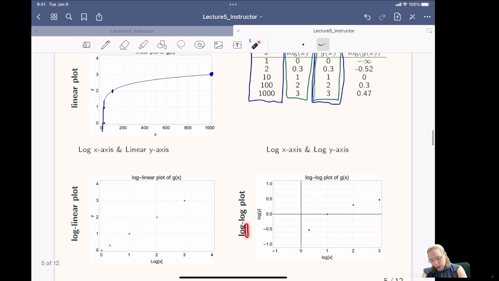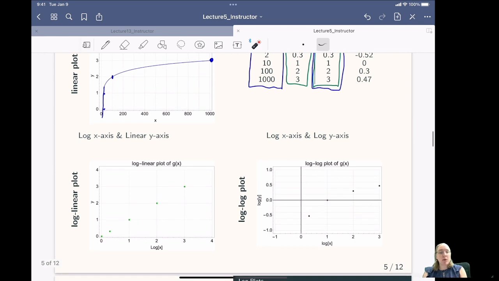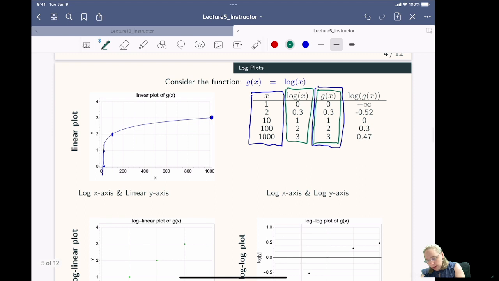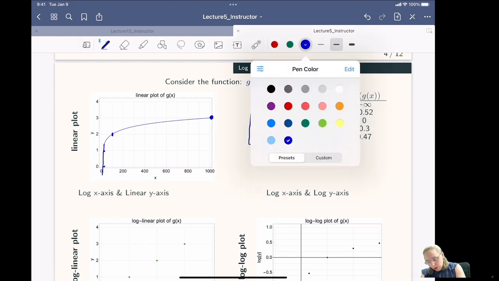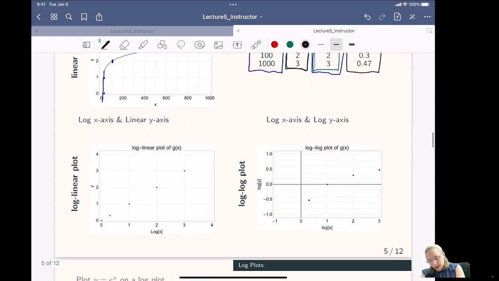Now, similarly, we can plot both the x and the y-axis on a log scale, and we're going to get back the same kind of shape that we had before, but we're going to be able to see points that we couldn't have seen before. So here, for this last one, we're plotting a log x-axis against a log y-axis. So we're able to see points that we really couldn't have seen before.